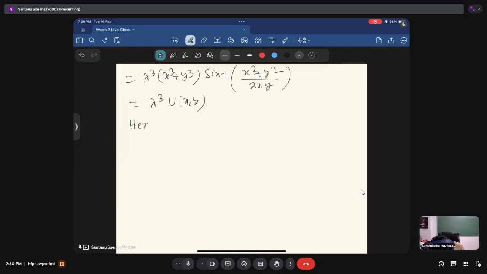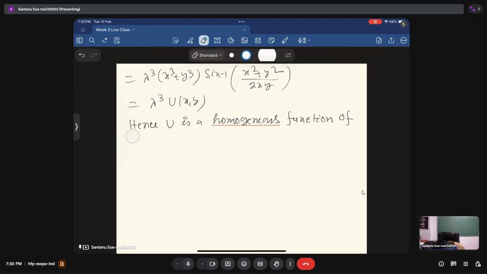Hence, u is a homogeneous function of degree 3.